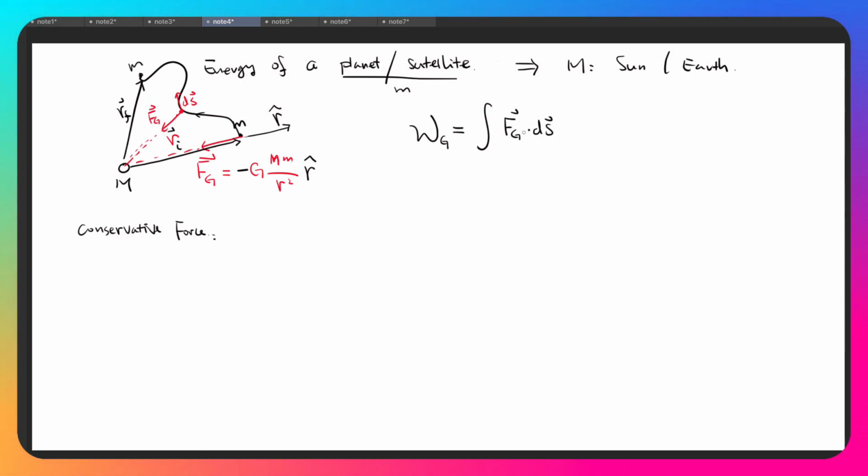So we do the dot product, which gives us the infinitesimal work done by Fg, and then we integrate that from the initial position to the final position, r initial to r final.